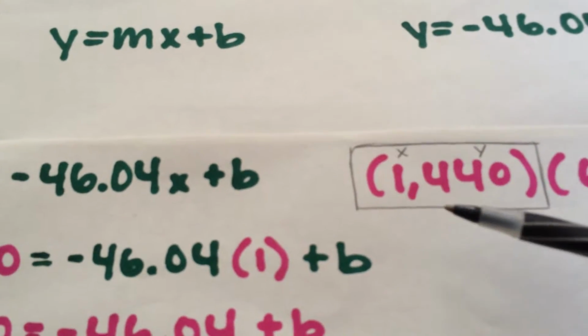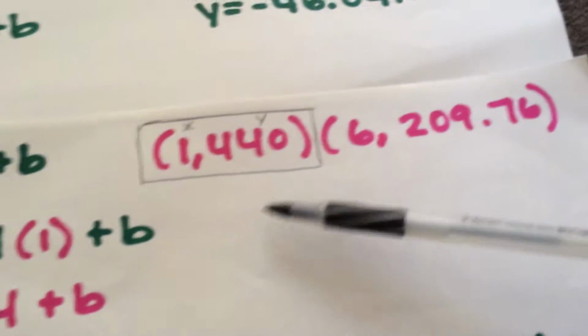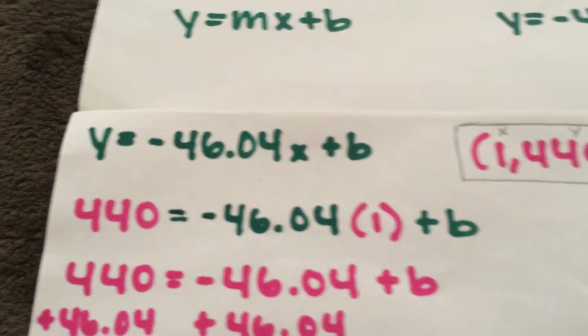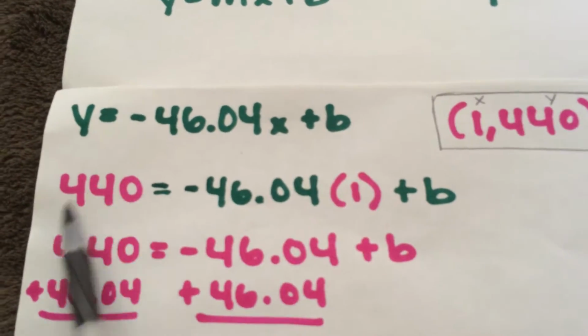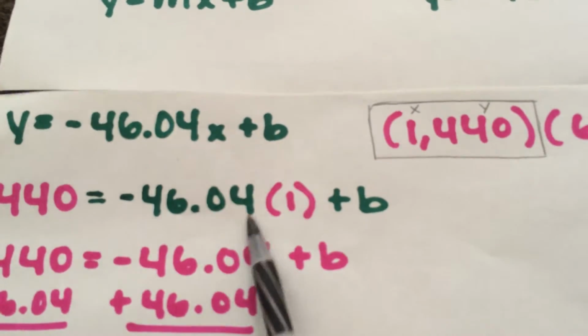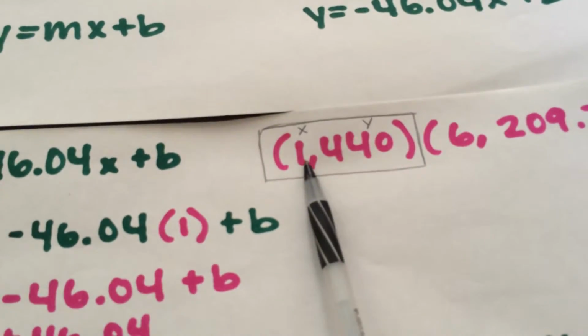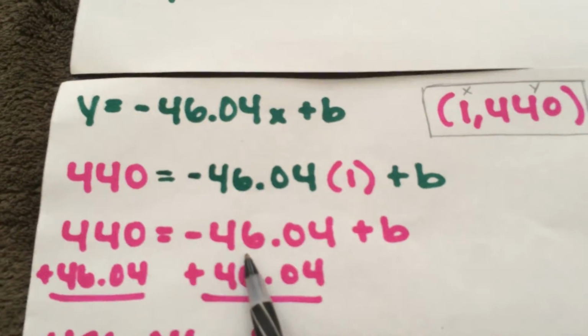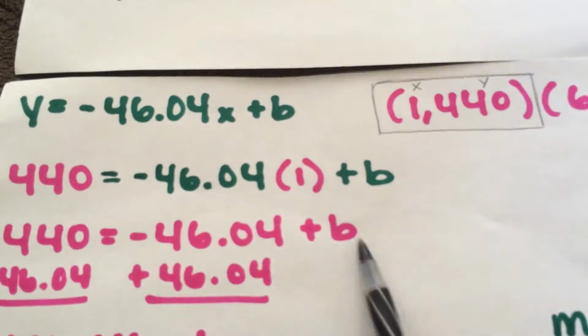We do this by picking a point. I pick this first one, 1, 440, and we just plug it in. 440 equals negative 46.04 times x, which is 1 over here, plus b. So that's 440 equals negative 46.04 plus b.